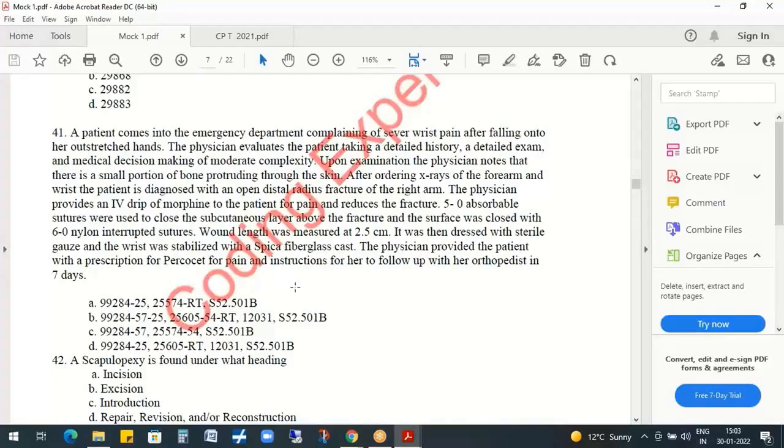Closed treatment of distal radial fracture, sir. That is performed here, not open treatment.